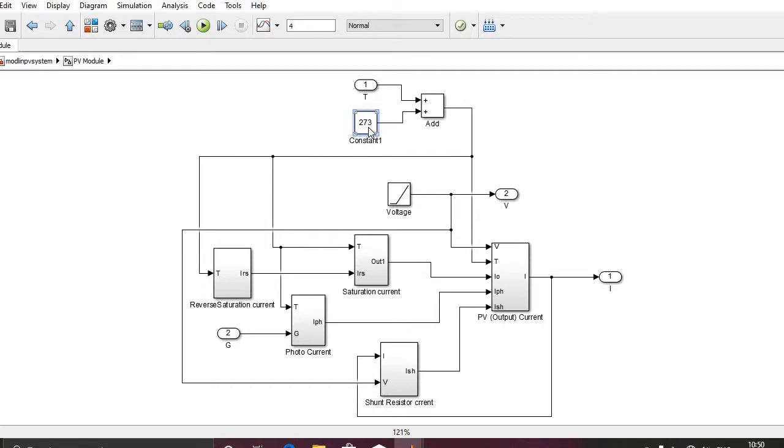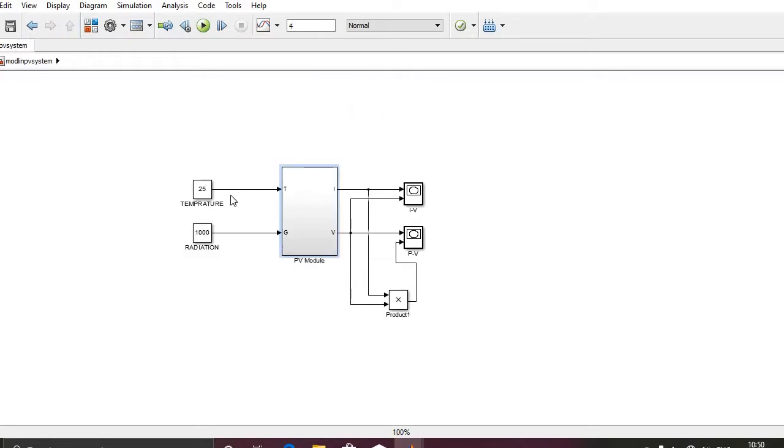Now this 273 is for converting degrees Celsius into Kelvin, because the PV module is modeled with temperature in Kelvin, and this is the irradiation in watt per meter square.